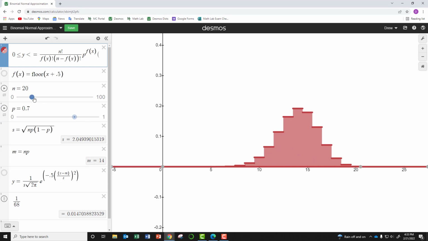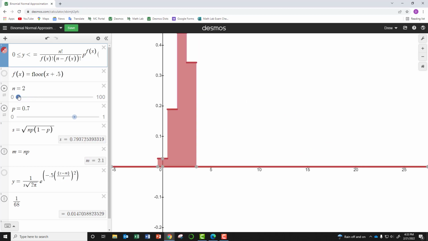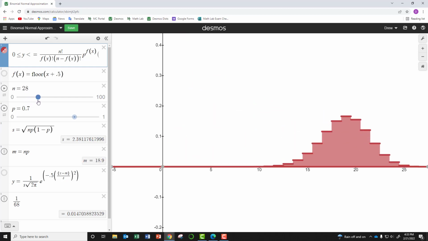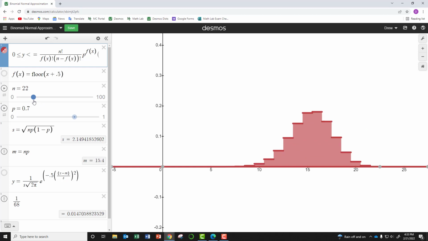And it's nice, I'll probably post a link to this Desmos tool so that you can mess around with it and you can get to it on the Canvas course homepage. But if we change the value of n, the number of Bernoulli trials, that obviously changes the shape of the binomial distribution.